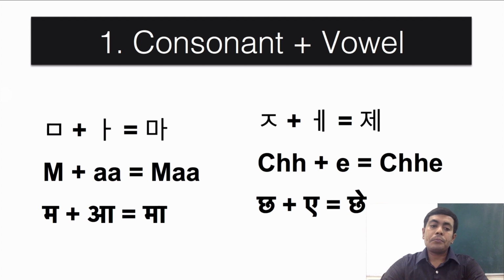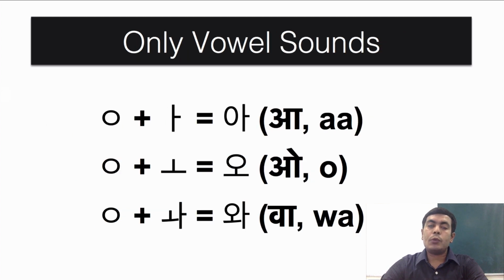Now, what if we just want to write a vowel sound? We don't want a consonant sound. We want to write something like a or e, u. As I have already said, a syllable can never start with a vowel in Korean. It will always start with a consonant.